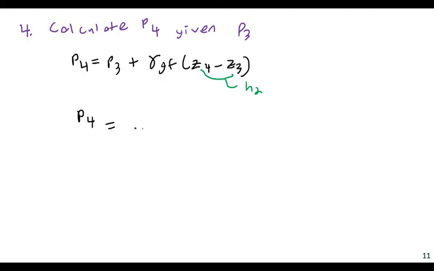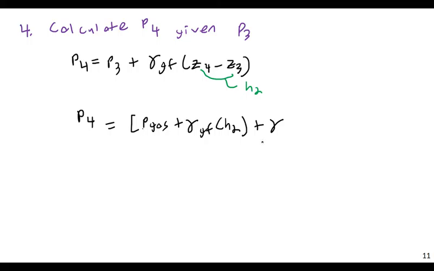Okay, so let's look at this now. Let me plug in the previous expression for P3. This is going to be P gas plus gamma GF times H2, plus, again, this here, gamma GF times H2.